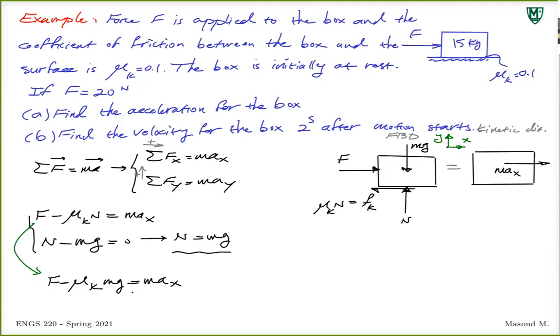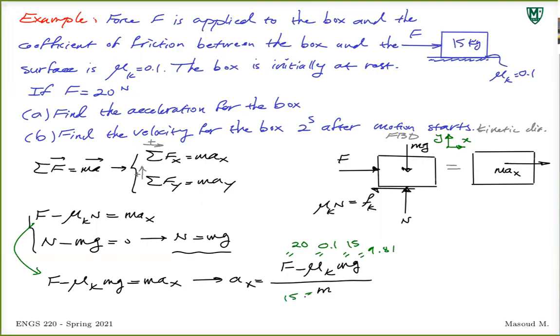Remember, I'm trying to find the acceleration for the box. So acceleration, which only has one component in X direction, would be F minus mu K mg over M. And you have everything you need. Your force is given, 20. Mu K is 0.1. M is 15 kilogram. G is 9.81.